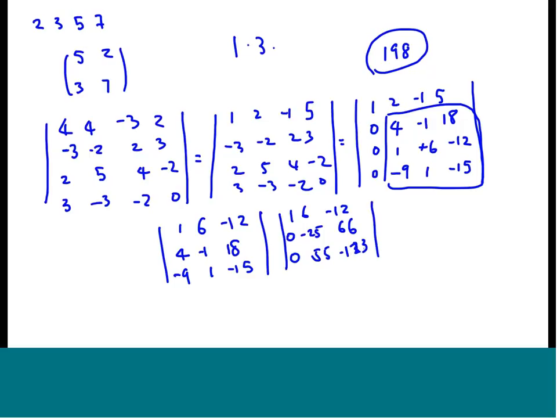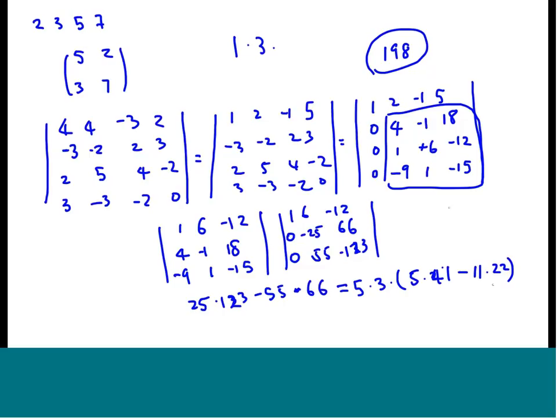We eventually get 25 times 133 minus 55 times 6. 123 again. So you get 5 times 3 times 41, minus 11 times 22. Right?